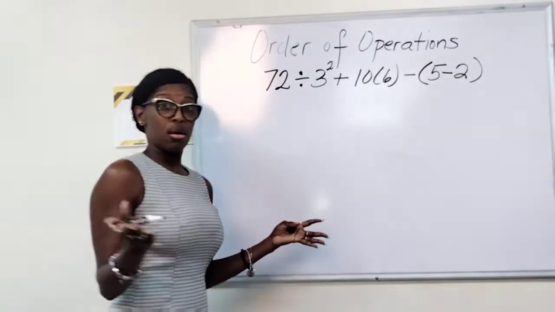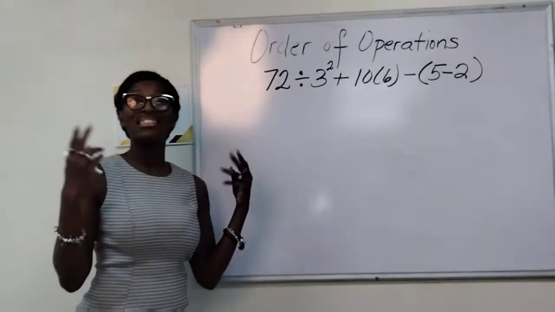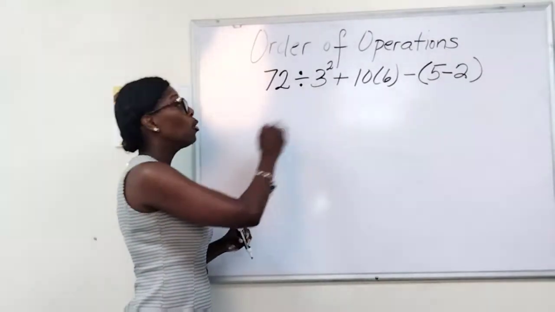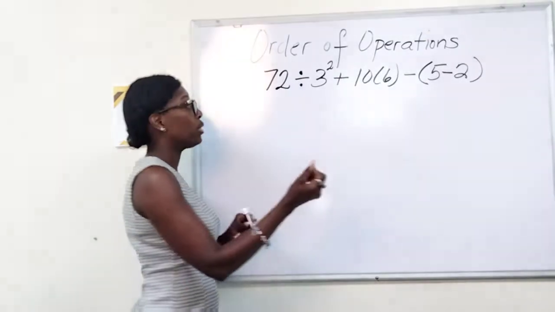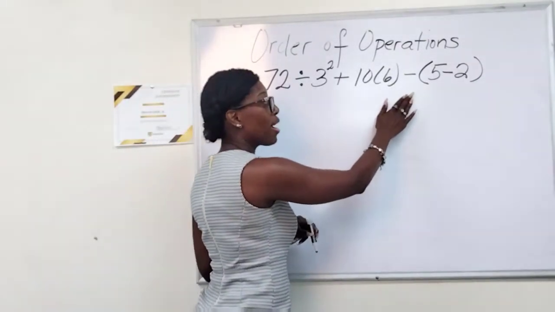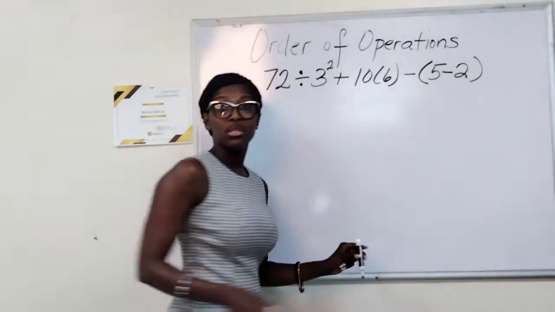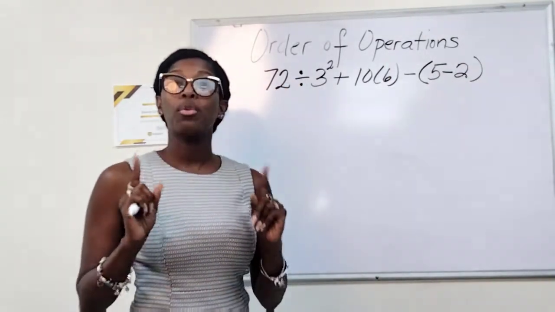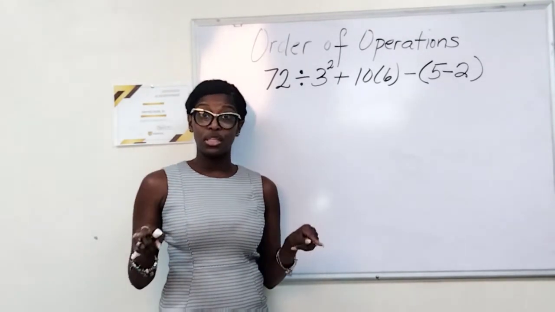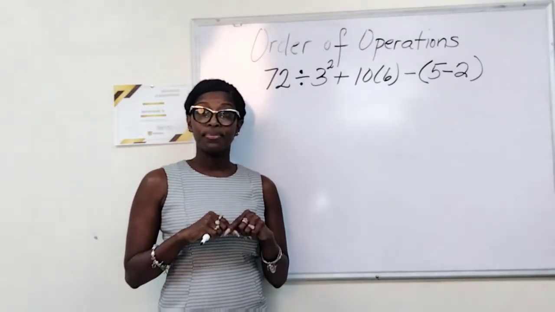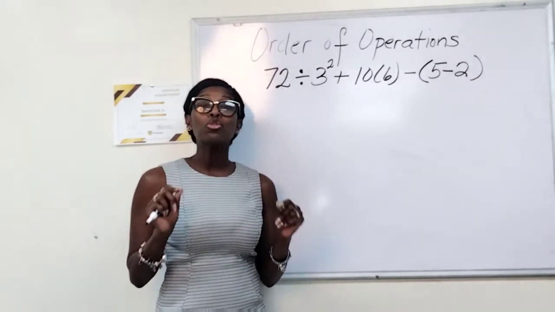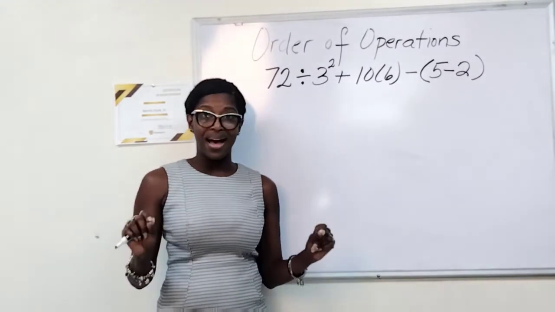And before we get started, I want to show you just how many steps we should have. We have division here, we have your exponent, addition, multiplication, subtraction, and again in parentheses, subtraction. If you can remember the steps for order of operations, you do what's in parentheses first, exponent second, you multiply or divide.